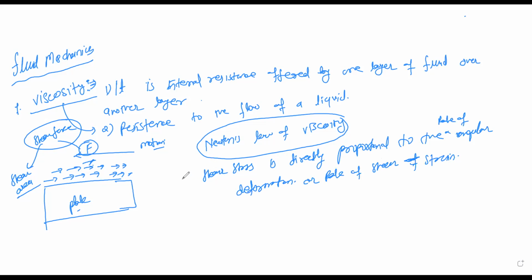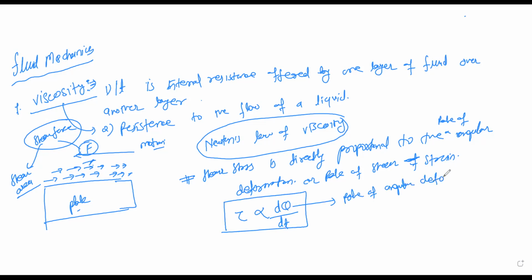So the shear stress is denoted by tau, and that tau is directly proportional to d theta by dt, where this d theta by dt is called the rate of angular deformation, or the rate of shear strain.